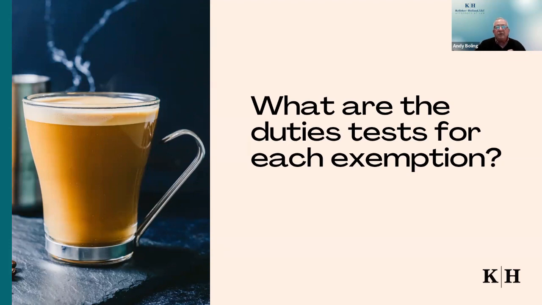The third category is the professional exemption. And actually, within this, there are 2 subcategories of workers who can be considered exempt on a professional basis. There is the learned professional employee exemption, which requires, again, the minimum salary, currently $684 a week.